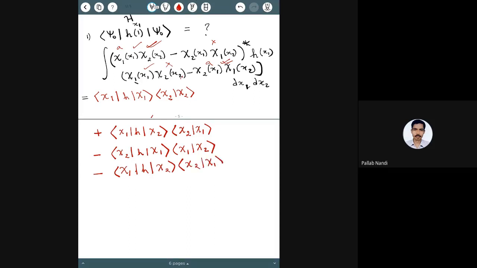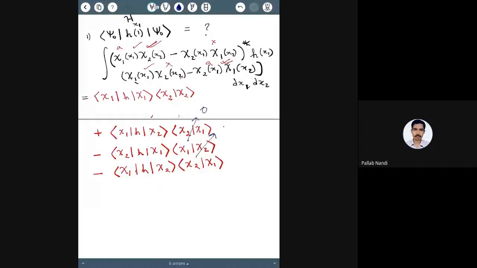Now you recall that the spin orbitals are orthonormal, right? So three terms go to 0. This is 0, this is 0, and this is also 0.